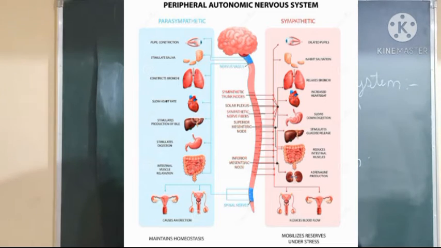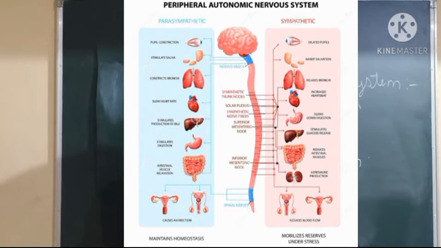For example, in times of fear, the sympathetic nervous system dilates the pupil of the eyes, constricts the vessels of the skin, and accelerates the heart rate. The parasympathetic nervous system is responsible for the constriction of the pupil of the eyes, dilation of the blood vessels, and slowdown of the heart rate.